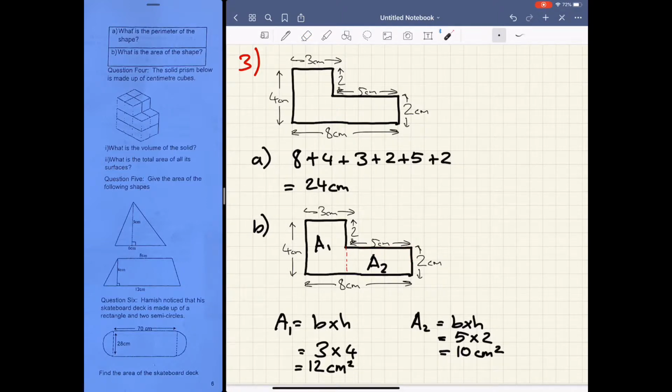Okay, remember, we're not finished with the question just yet. It's asking for the total area. So area total equals 12 plus 10, which equals 22 centimeters squared. Right, so that's the answer.